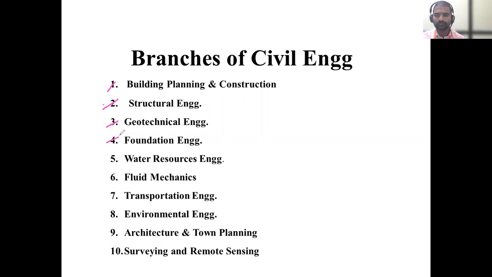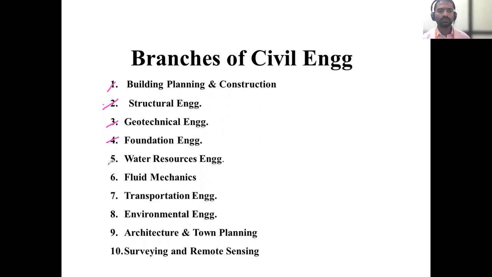Foundation engineering is related to foundations or footings, the analysis and design of different types of foundations with respect to soils.